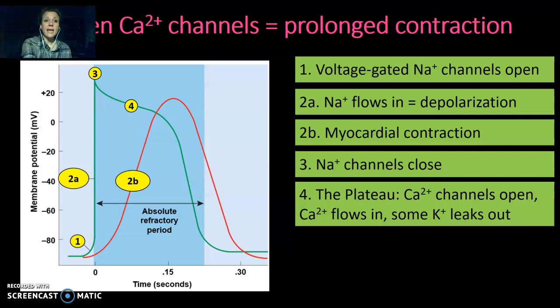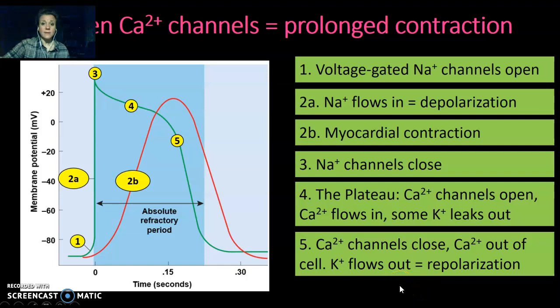If we didn't have calcium coming in here, we would have a very sharp repolarization as the potassium was flowing out of the cell. But we don't. We have this plateau here, and this is what is going to elongate the time that our cardiomyocyte is contracted.